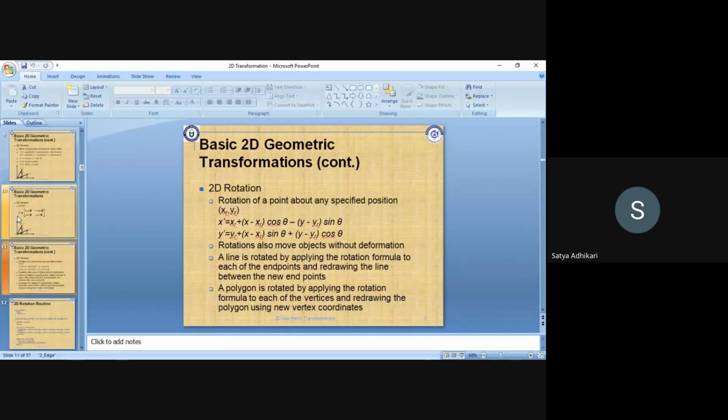Suppose you have to rotate a triangle. There are 3 vertices of a triangle, so you apply the rotation formula to each of the 3 vertices. After you rotate the 3 points to new locations, you rejoin them, redraw, and you will get your desired output.